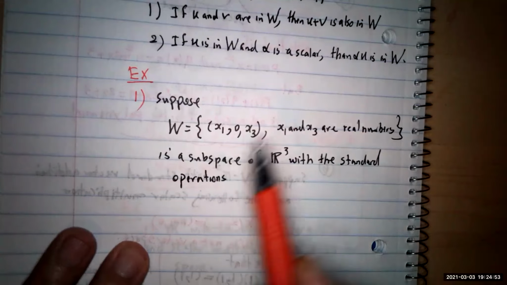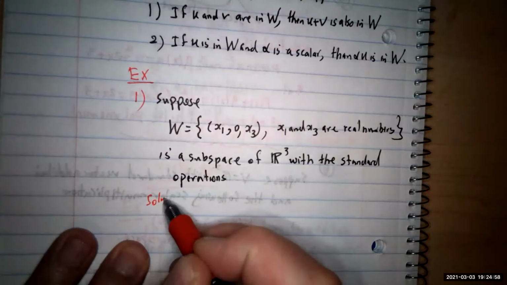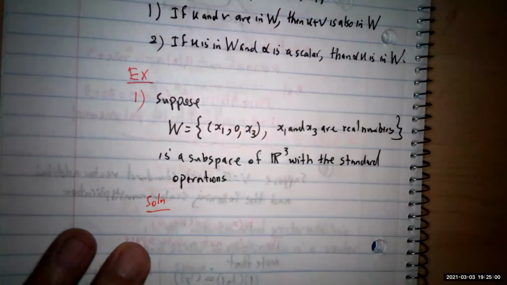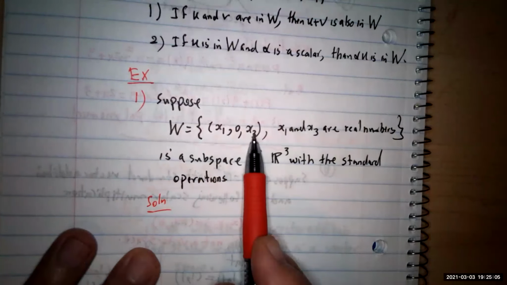You have to prove those two conditions that we talk about. So for the solution, pick two elements in W. Show that if you add them together, you get a similar one.